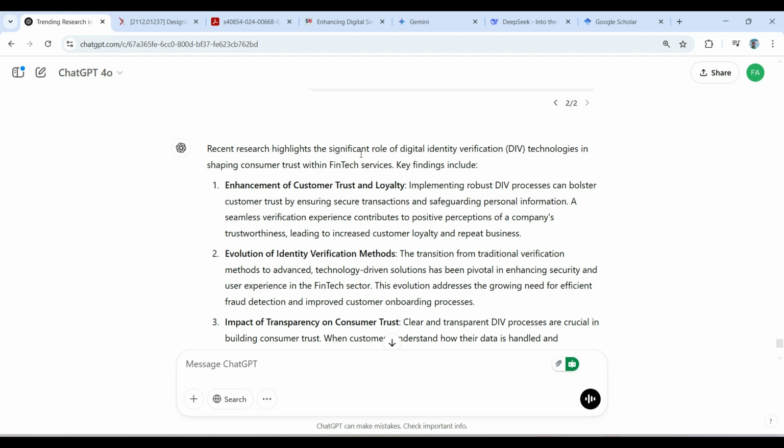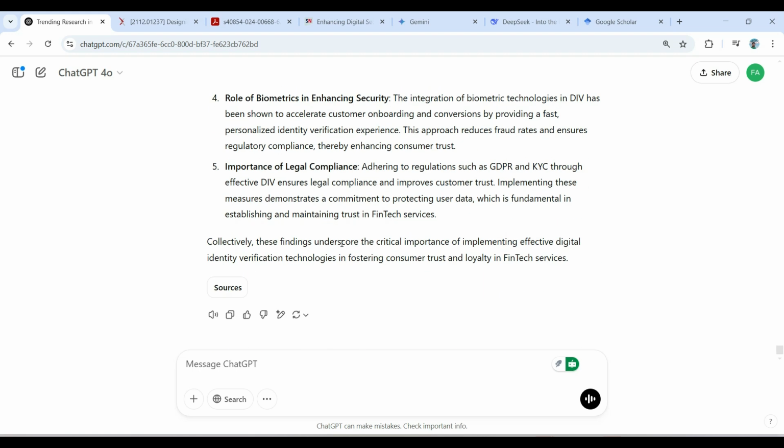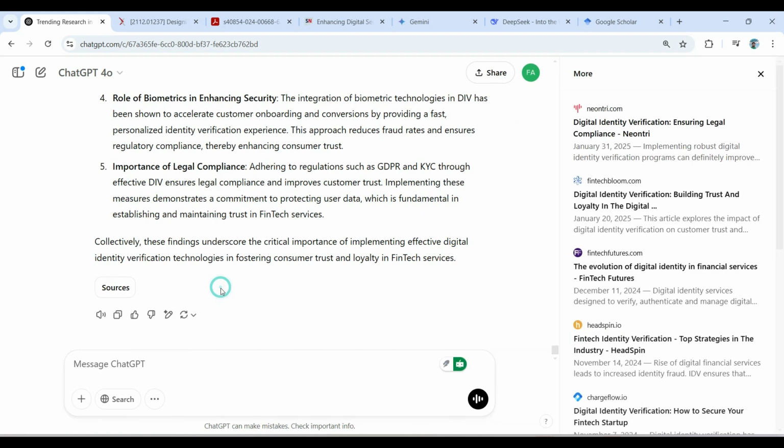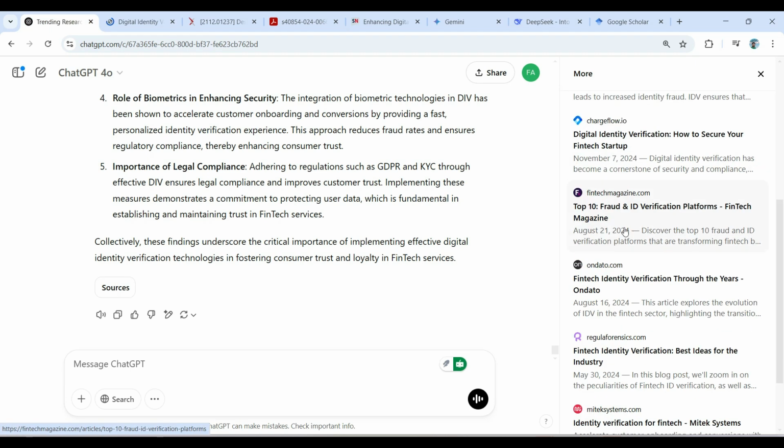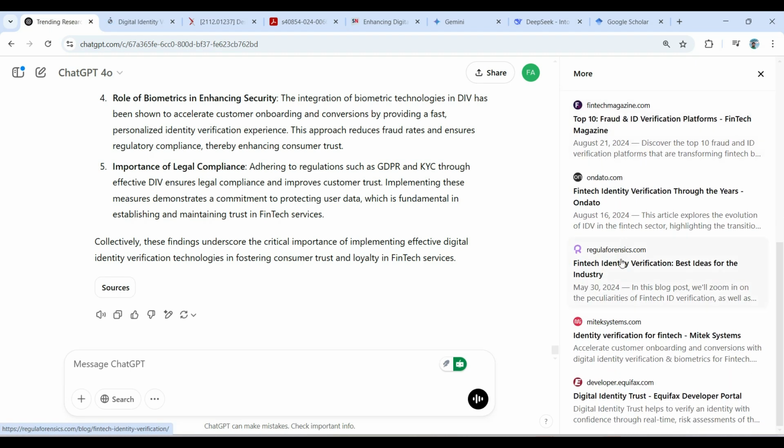As you can see, it describes the significant role of digital identity verification technology in shaping consumer trust with fintech services. And also ChatGPT has given us some sources. We can always click on these resources. Some are websites. Most of them are from some kind of magazine. I can also rewrite this prompt to ask for some published impact factor journal articles to provide me this kind of literature review.